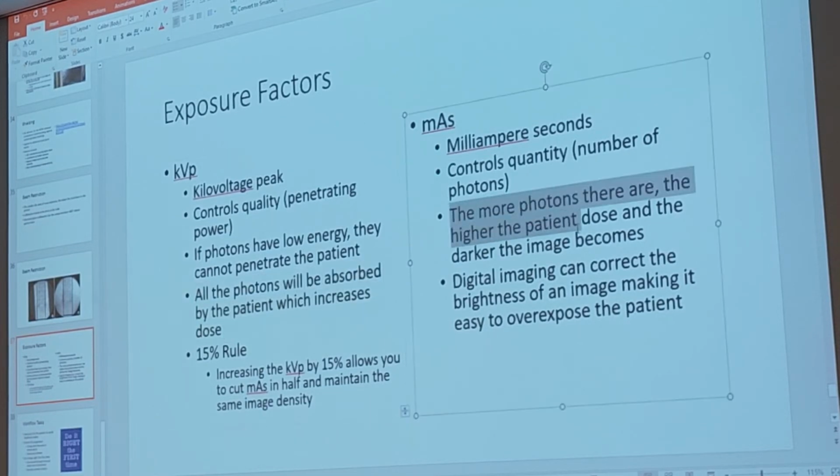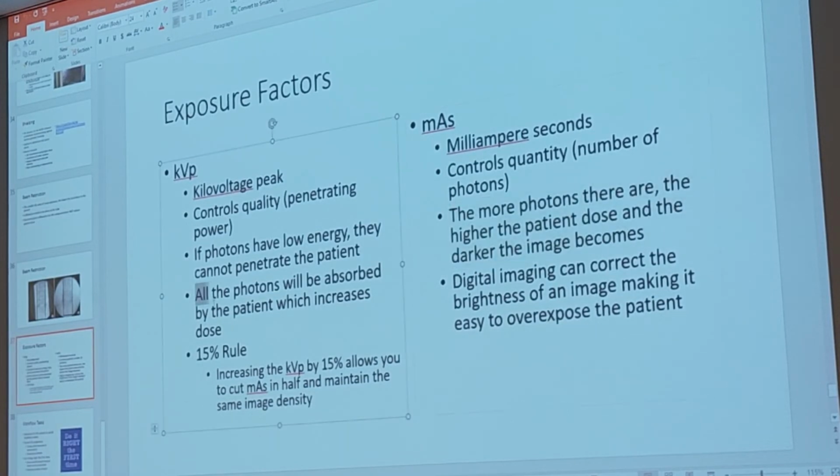Over here, what do we see? Exposure time. The more photons we have, the higher the patient dose. So I'm going to tell you, mass is your controlling factor. The more X-rays you have, the higher the dose.